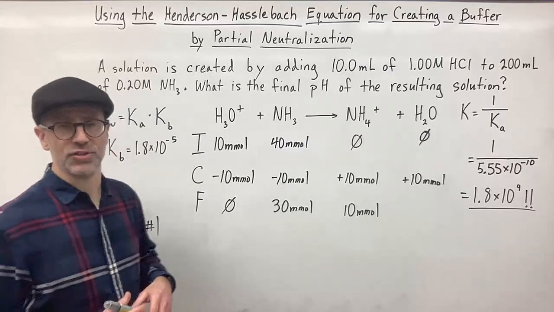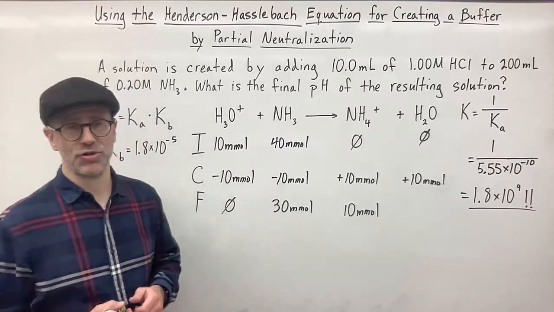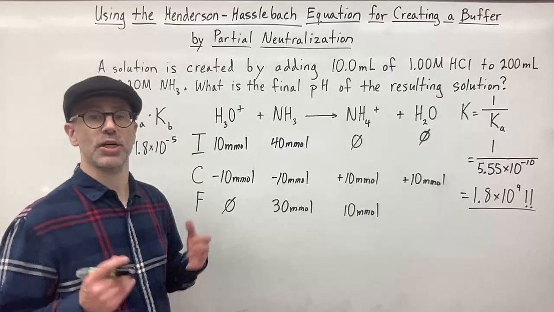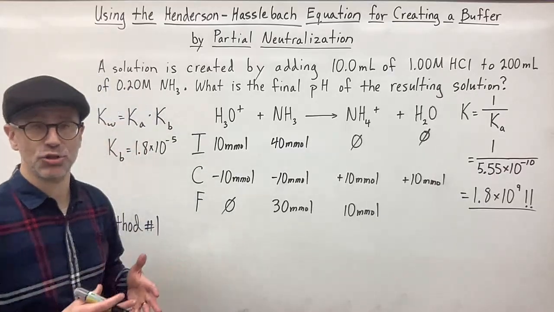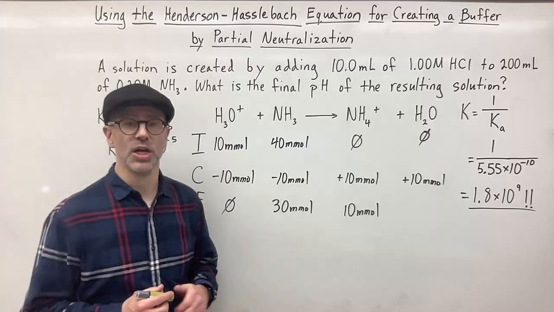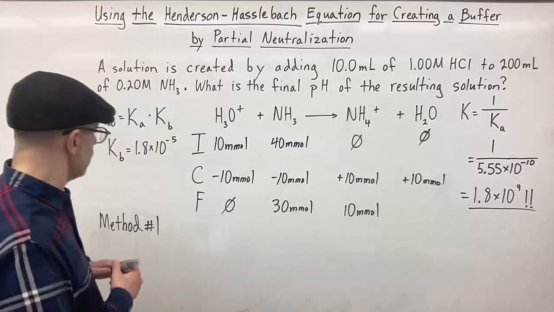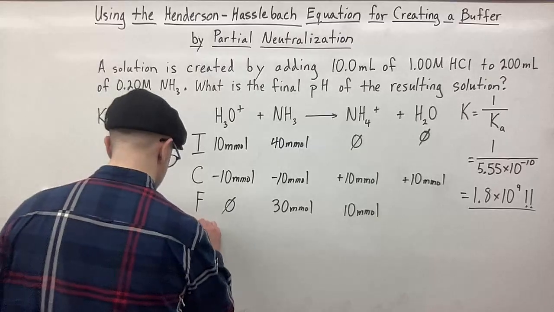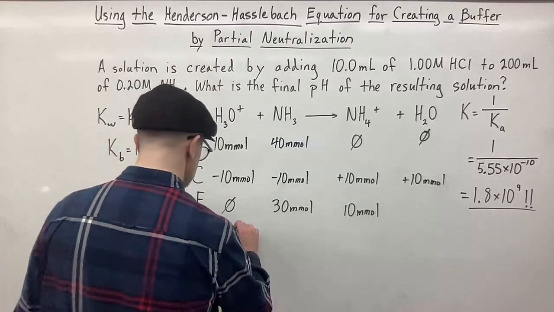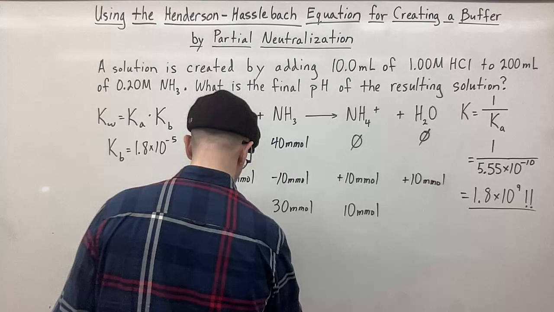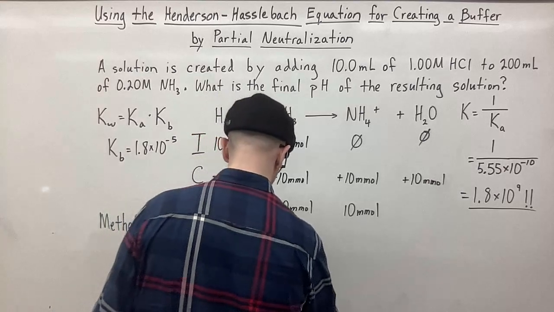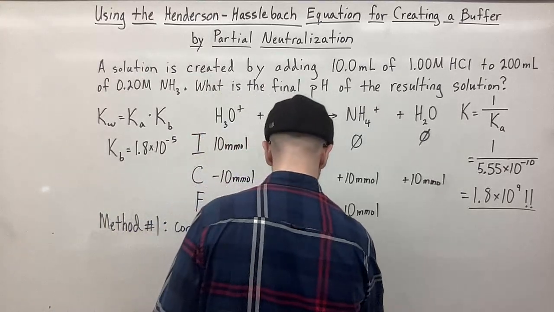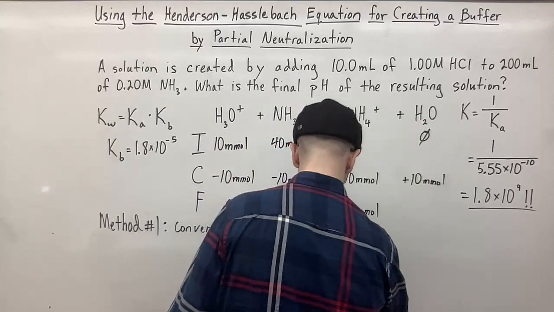Now, there's a few ways you could use the equation. The first is to convert everything back into molarities, into concentrations. So that would be the first one. So convert millimoles to concentrations.